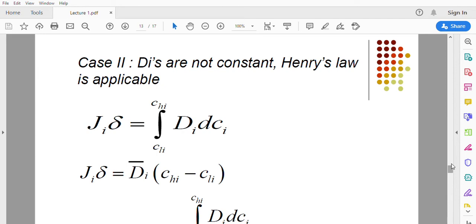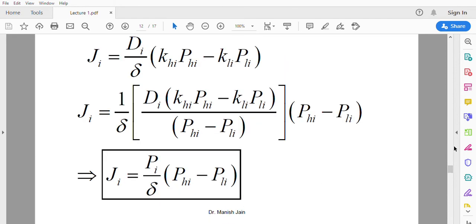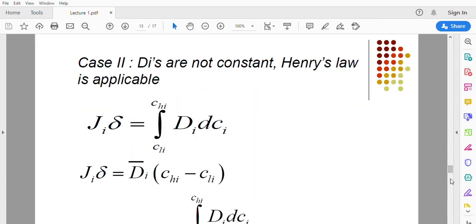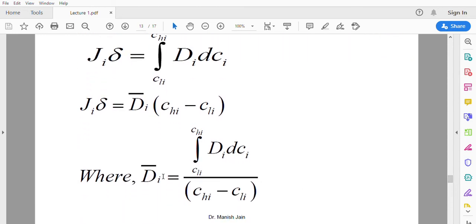At this condition, your diffusivity will become concentration dependent, but you can use Henry's law. So this equation can be integrated in this form, where Di bar is the average diffusivity, averaged with respect to the concentration. This is the formula to integrate this equation.